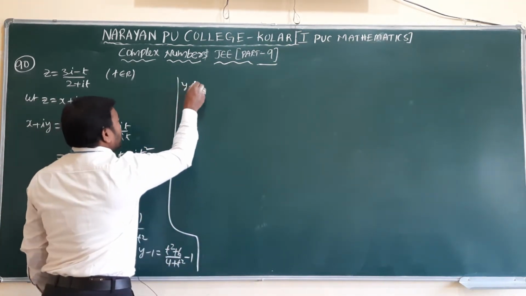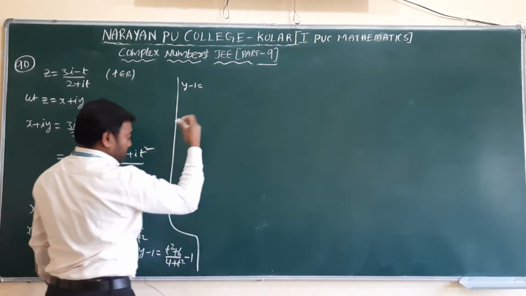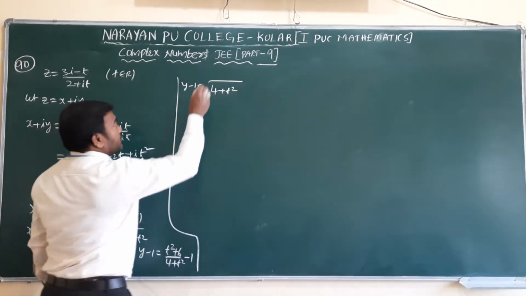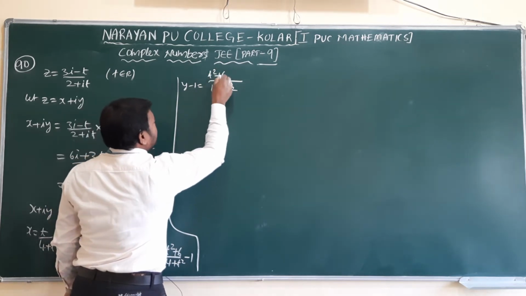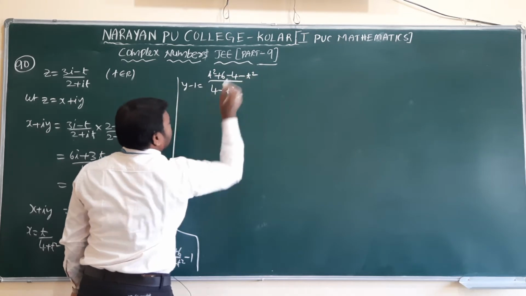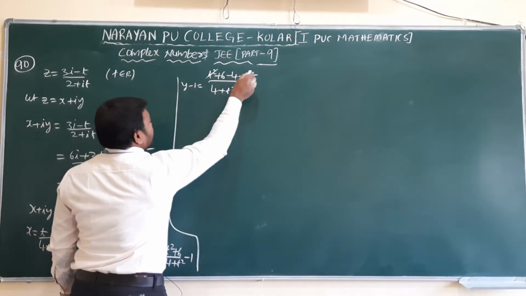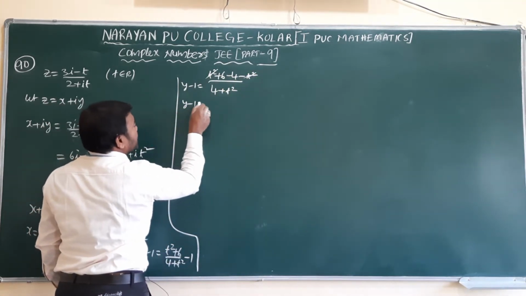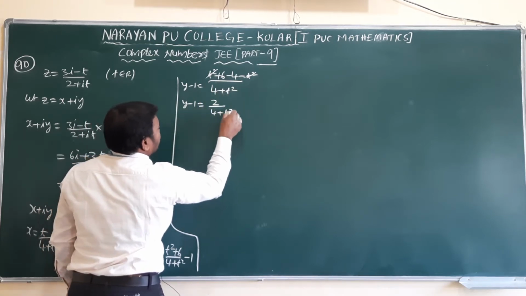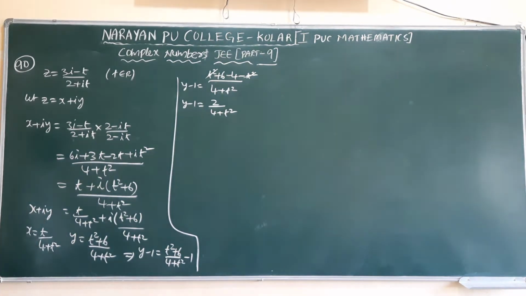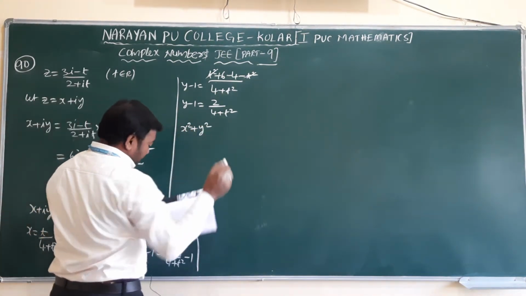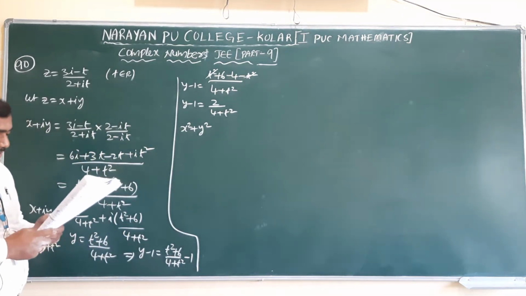Y minus 1 is equal to, take 4 plus t square LCM, t square plus 6 minus 4 minus t square, t square minus t square cancel, remaining y minus 1 is equal to 6 minus 4, 2 divided by 4 plus t square. Then we have to find the value x square plus y square, because they have given the center of the circle.